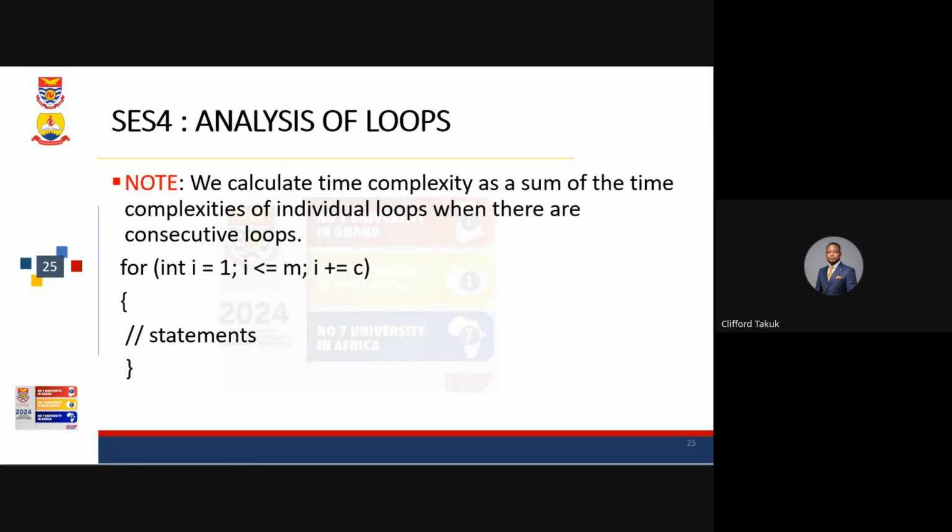I just wanted to explain, where we have I plus equal to C can be rewritten as I equals I plus C. That makes it easier to understand for us. So it will keep increasing depending on the value of the variable C.